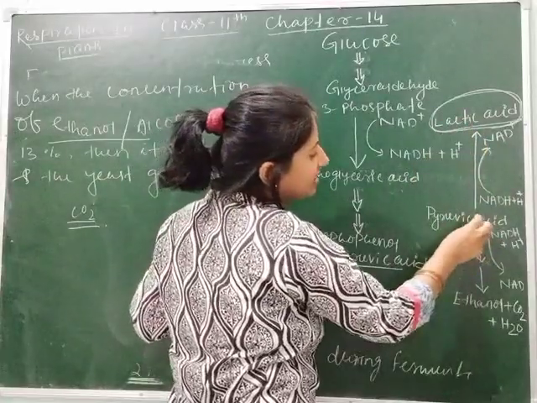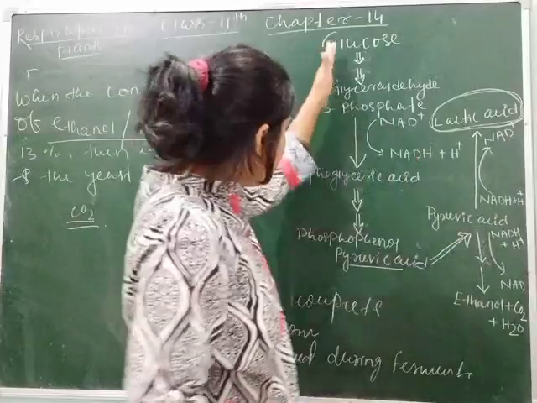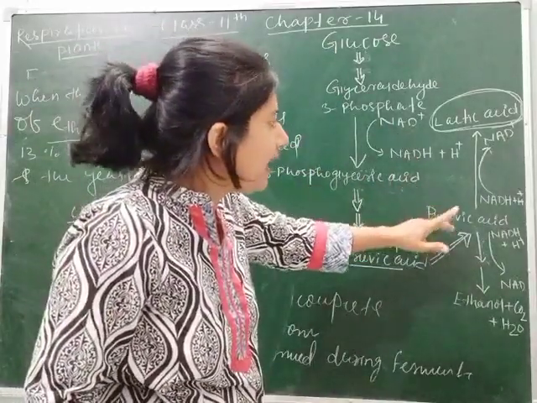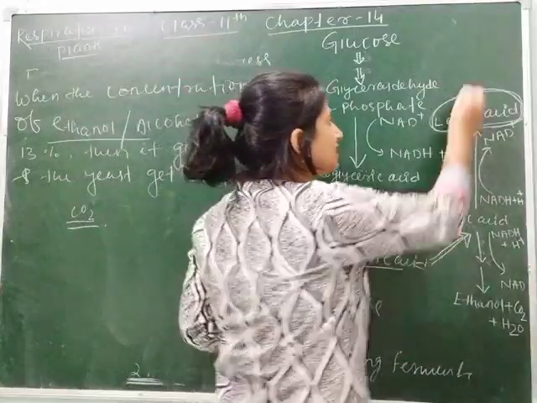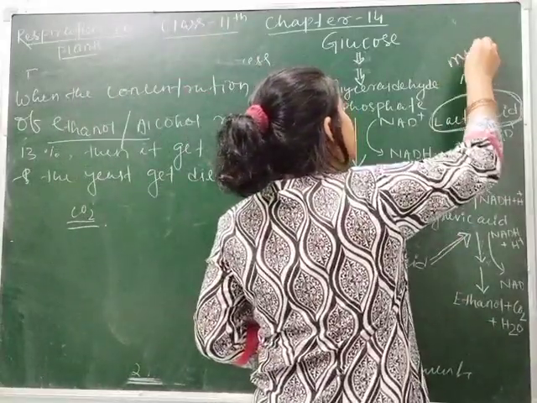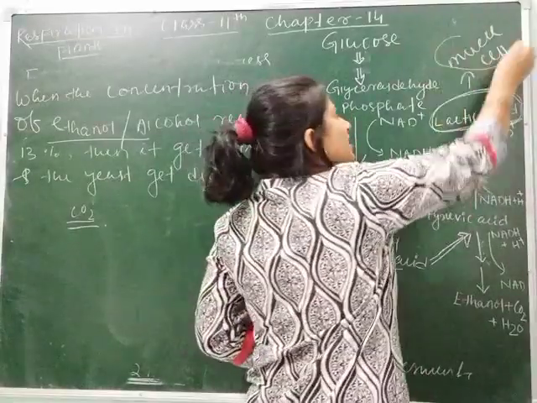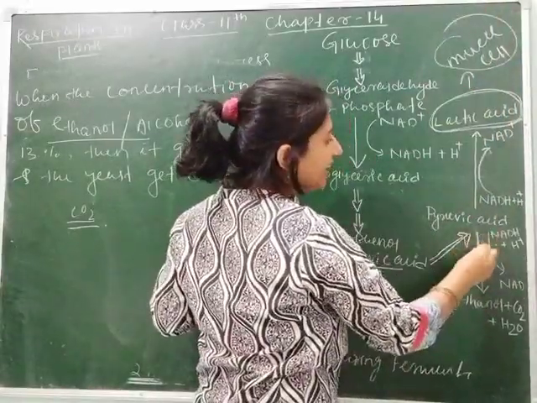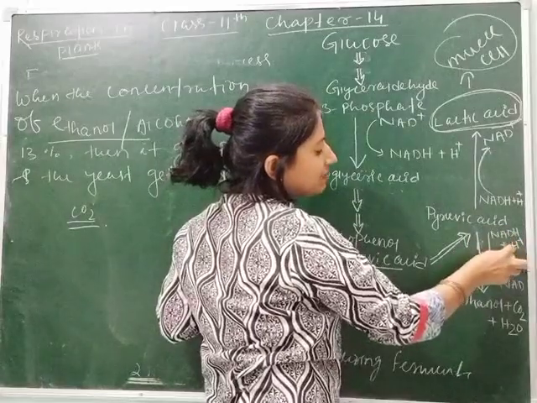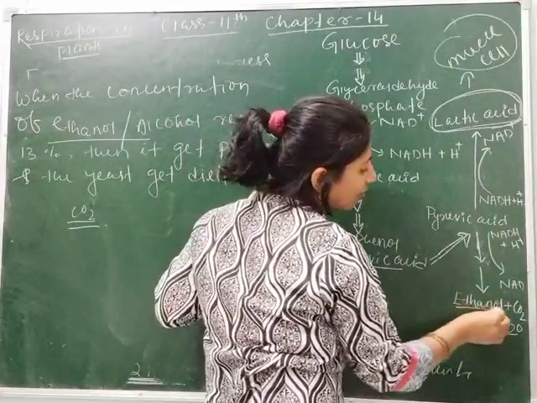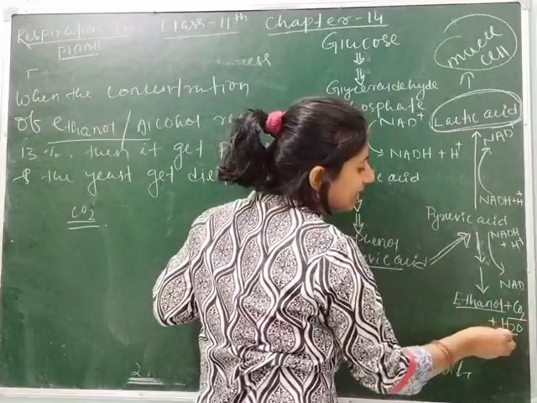But here again the same pyruvic acid. These steps are formation of pyruvic acid, and again how pyruvic acid is utilized. This occurs in muscle cell, means lactic acid is formed in muscle cell, and here again NADH plus H plus gets converted into NAD and makes ethanol, carbon dioxide and H2O.